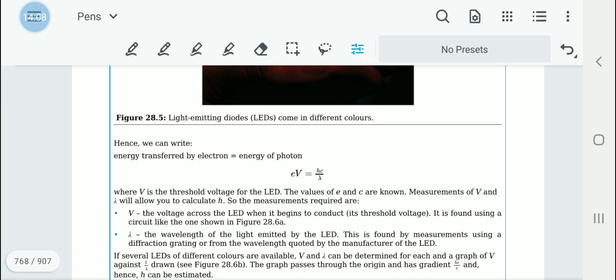V, put a dash and write underneath that, V is the threshold voltage of the LED. e and c are given or known. Lambda is either found through a diffraction grating or as quoted by the manufacturer.